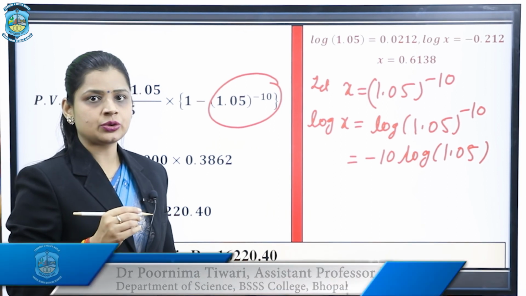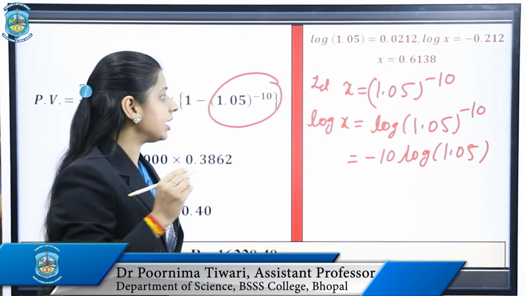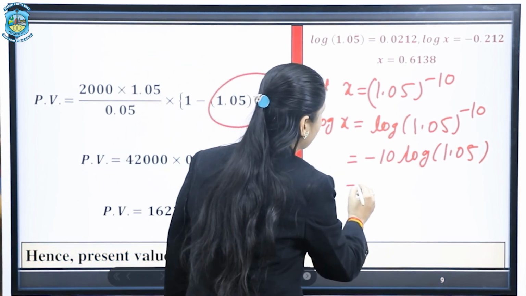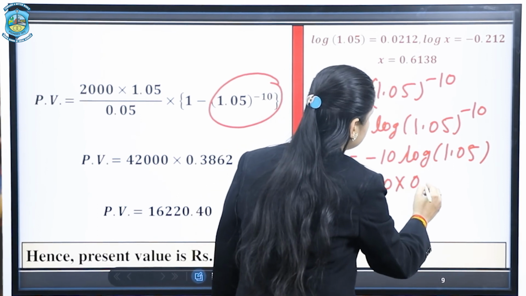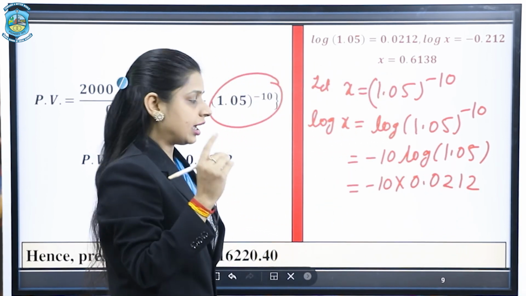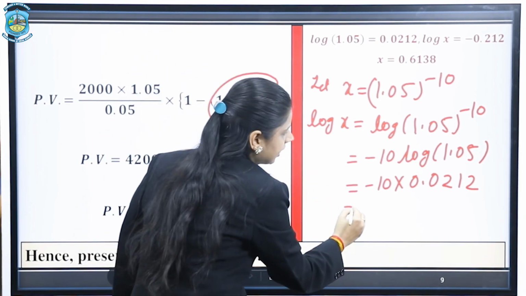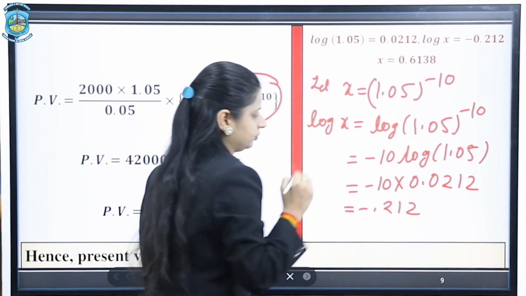Then we'll substitute the value of log of 1.05, and it is 0.0212. So first we'll write 10 multiplied with 0.0212. And on multiplication we will get minus 0.212.